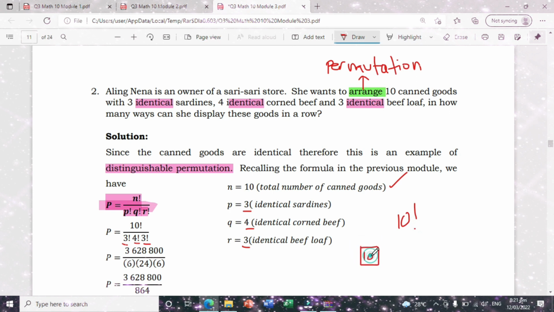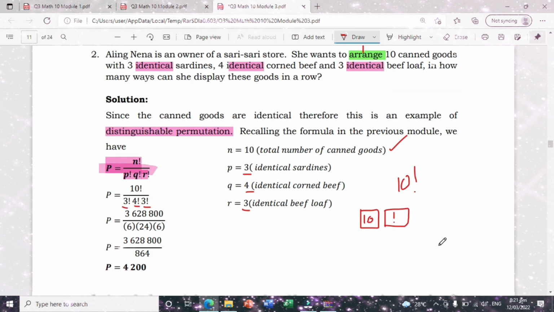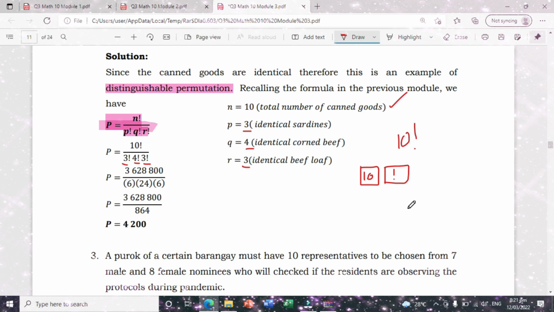10 factorial. Tapos, if you have this symbol, depende na yan sa calculator ha. Even sa cellphone, meron din yan. So, pwedeng yan. Pwedeng ito. May calculator na may ganitong key button. Meron ding X factorial. Yan. So, depende na yan sa calculator.